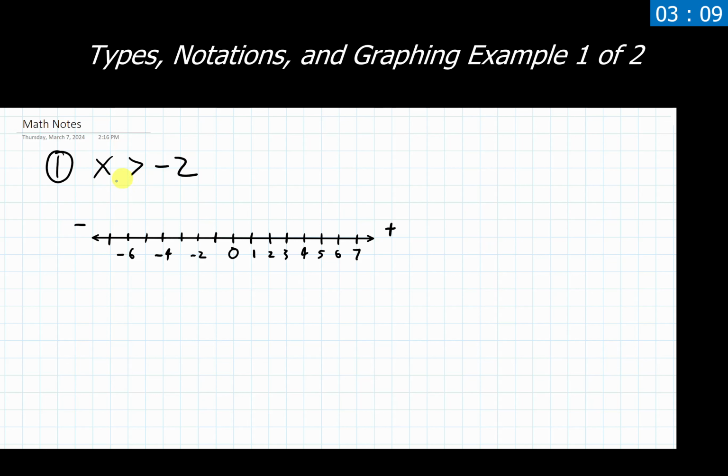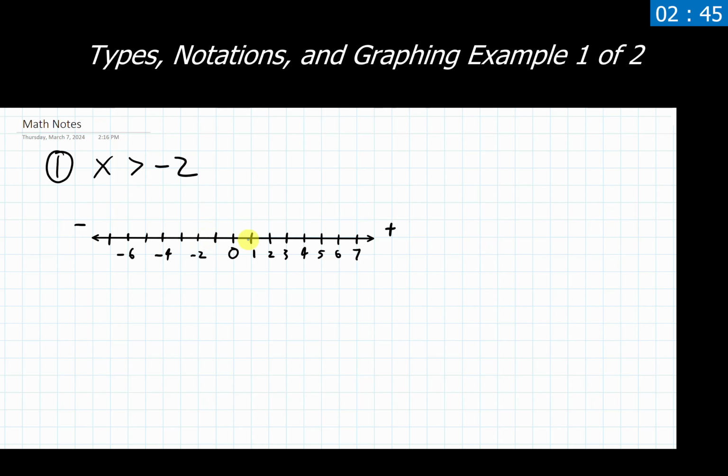So we're told that x is greater than -2. I always find that the number that's been given to us, that's your starting point. So in this case, -2 right down here. Now I need to determine, am I going to use a bracket or a parenthesis with this thing? And with the greater than symbol, we're using a parenthesis. And I want everything that is greater than that.